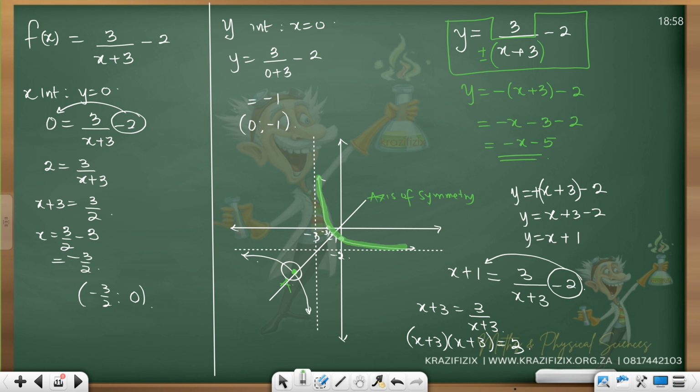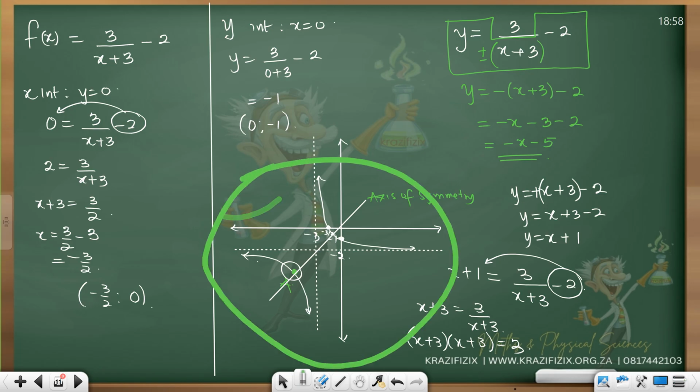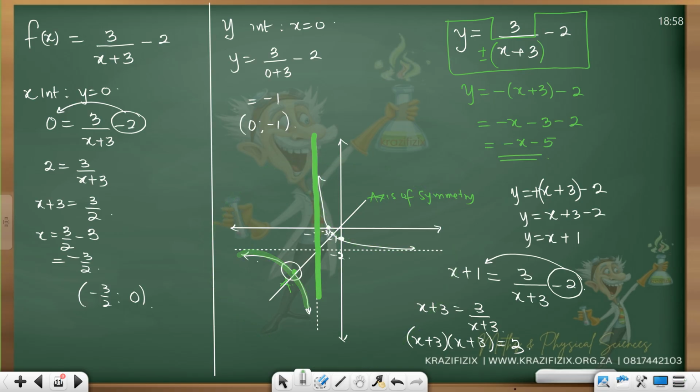You're going down. I'm still going down, so it's decreasing. If my graph was like this, then do you notice that's increasing? Yes, sir. Moving from left to right. So in this graph, you can see that every section of this graph is decreasing. That's why I said x is an element of real numbers, but the graph does not exist here. We don't know how the graph is behaving. So x should not be equal to negative 3.